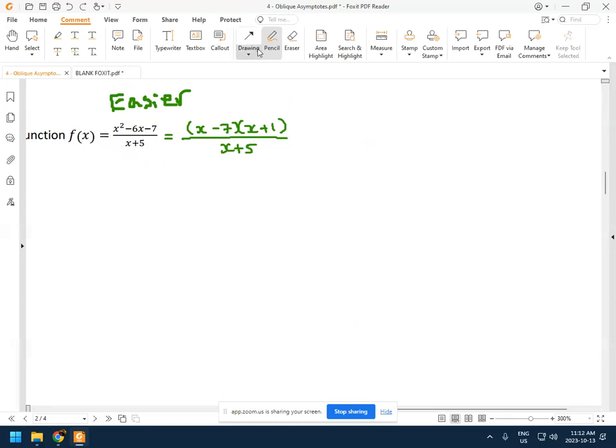In this case, what do you notice about the degrees? The numerator is greater than the denominator. If you look at our characteristic summary sheet from the previous class, you will see that if the numerator's degree is larger, you immediately have an oblique asymptote and you have no horizontal asymptote. Horizontal is gone.